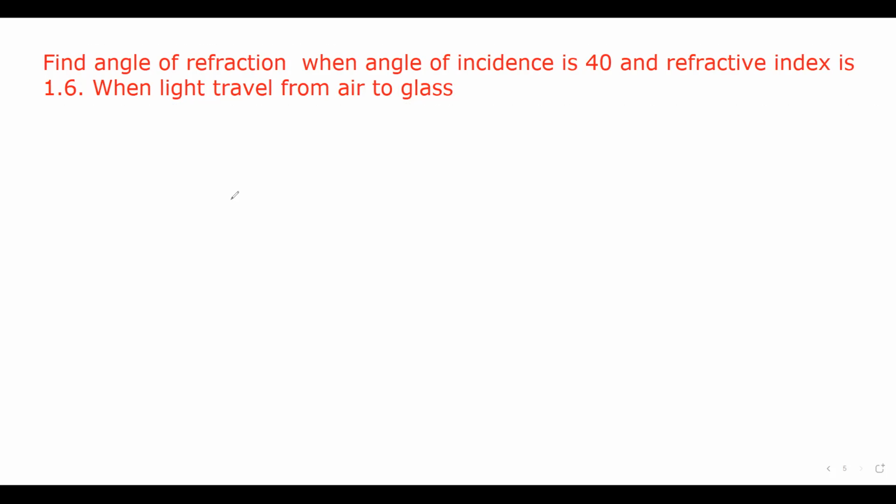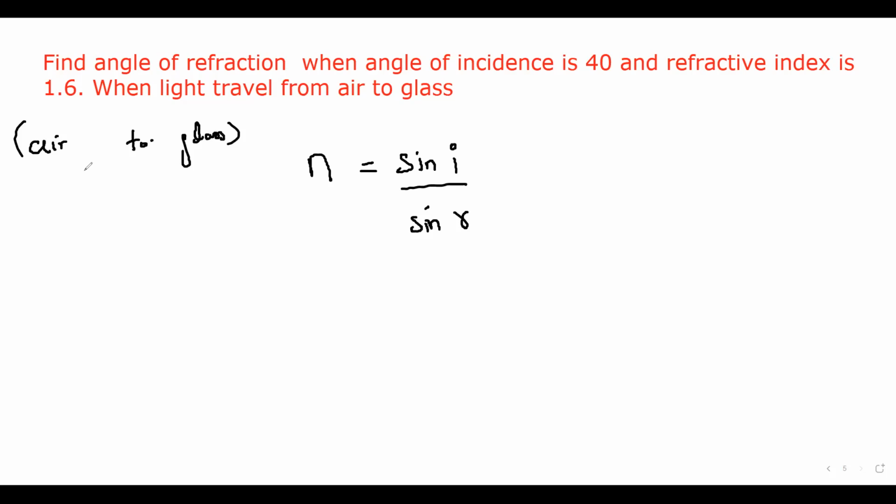Whenever the light travels from air to glass, the formula we use for the refractive index is n equals sine of angle I over sine of angle R. This is the formula whenever the light is moving from air to glass. So light is in air and it is moving into the glass.